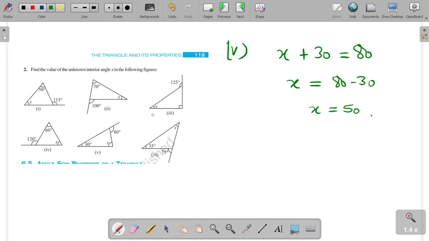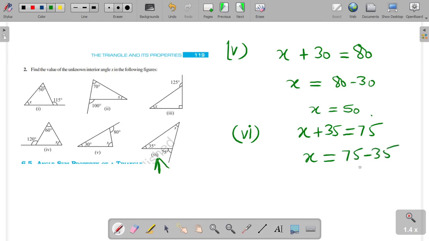Now we move to the sixth part. x plus 35 equals 75. Since 75 is the exterior angle, x is equal to 75 minus 35. So x is equal to 40. So this is all about this exercise.